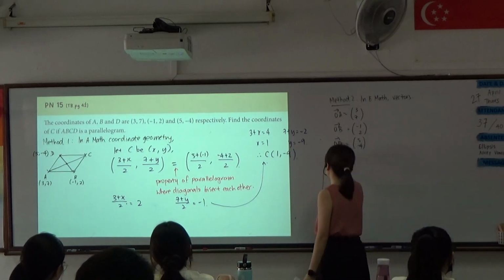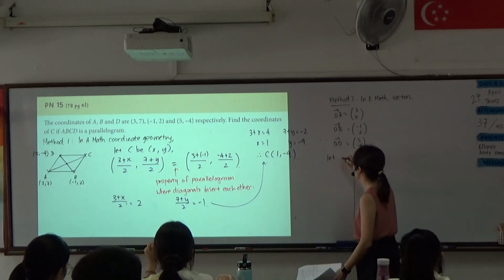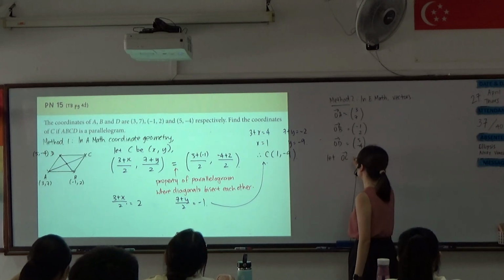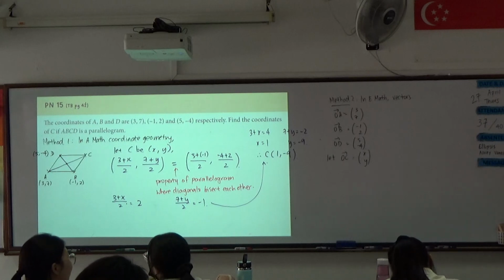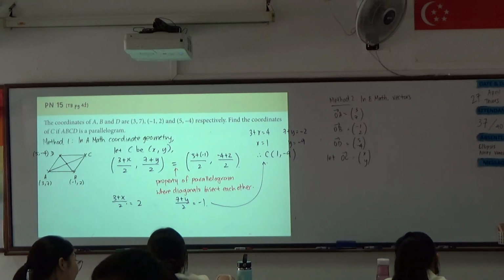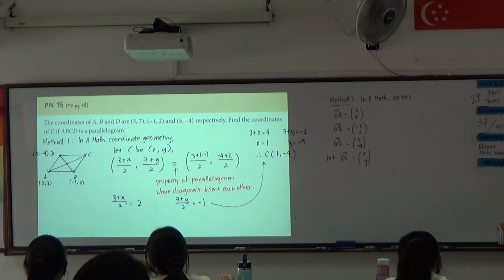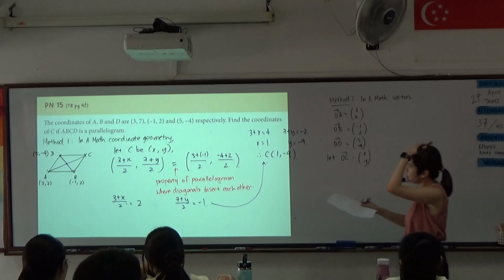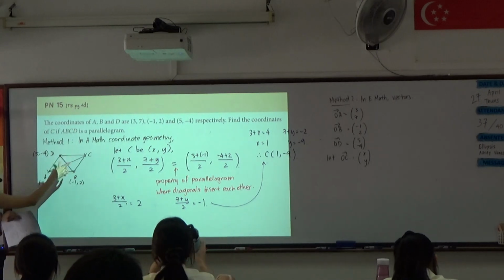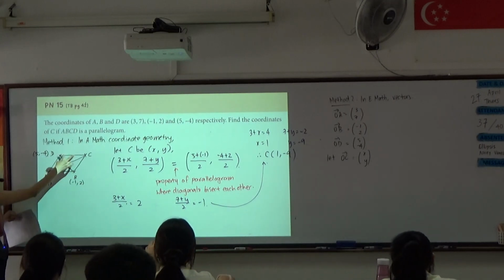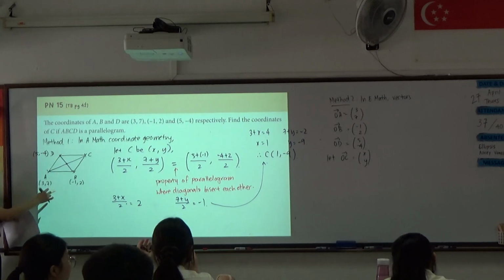Okay, so similar to how we started off in method 1, we let OC equal x, y. And because this is a parallelogram, we know that the opposite sides are equal and parallel to each other.